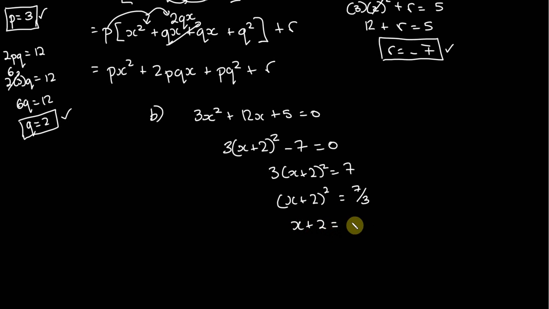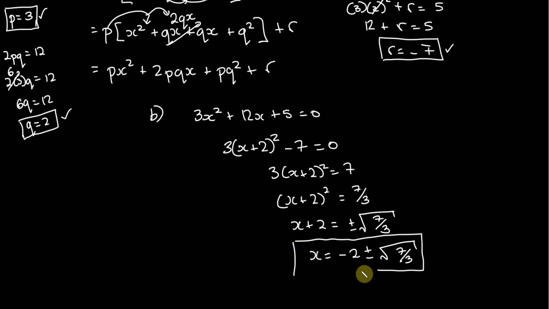So we've got x plus 2 equals plus or minus the square root of 7 over 3. There's not much more we can do with this, so we subtract 2 from both sides, and we have our value for x, which is negative 2 plus or minus the square root of 7 over 3. And that's the final answer.